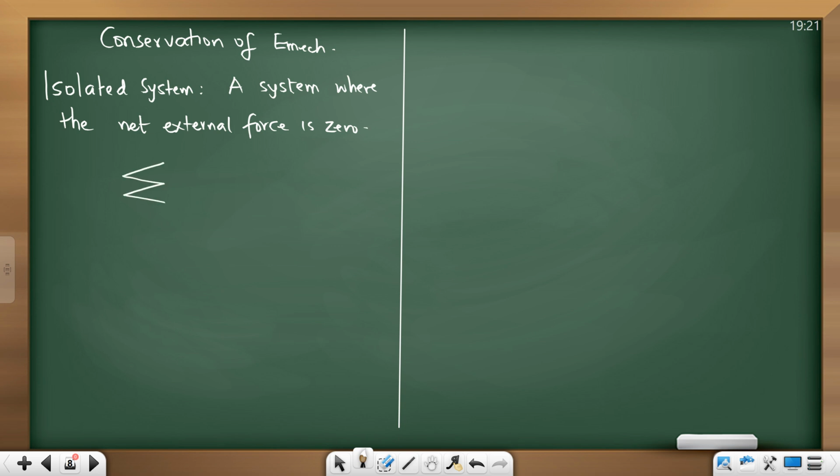So I'll write it like this. Do you remember this? What is that called? Sigma F external. What are my external forces? Fat.